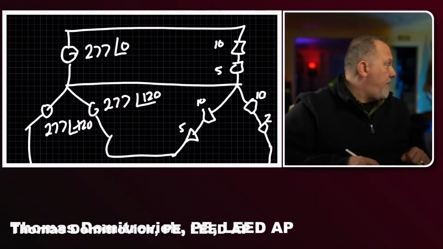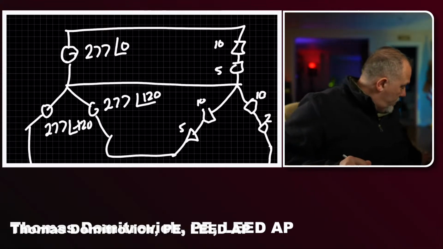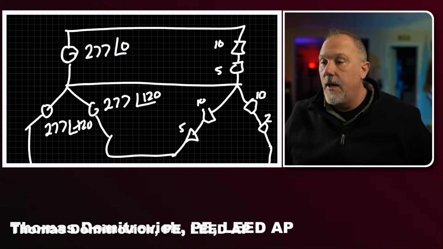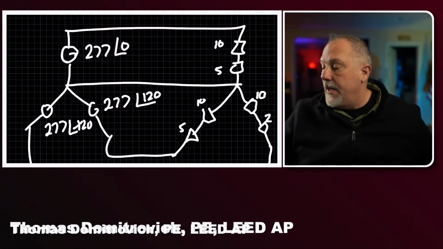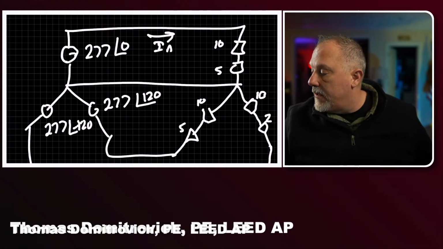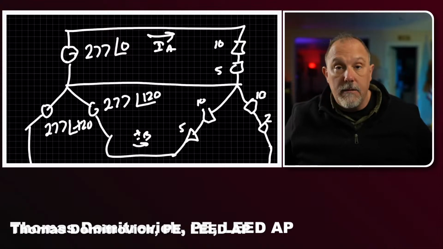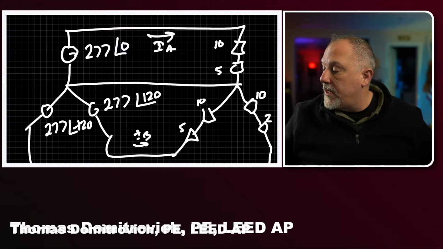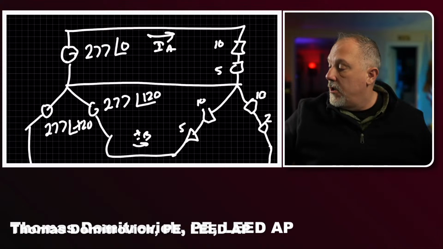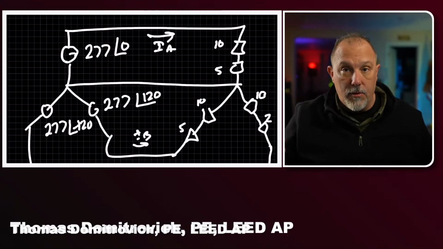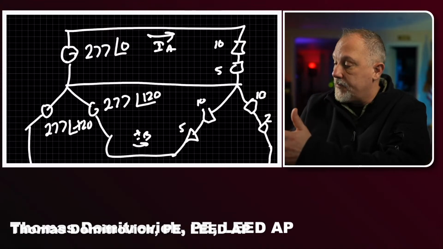So you can have your real and your reactive, and then calculate IA, calculate IB, and calculate IC. So you can calculate based upon the impressed voltage what the IA is and what its angle is, and use the same math that we just did.